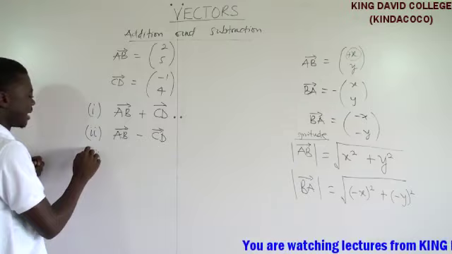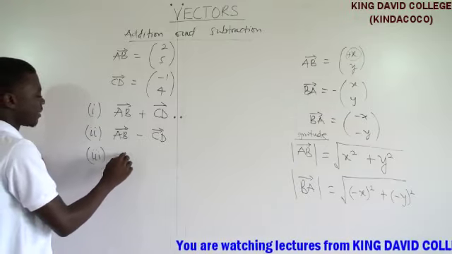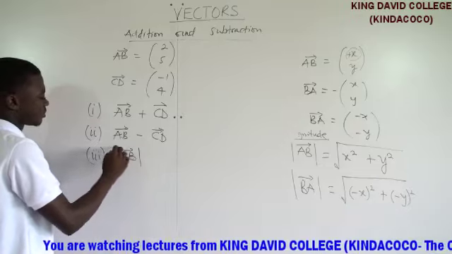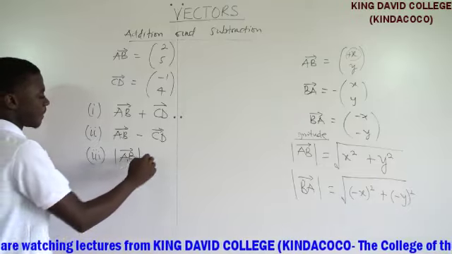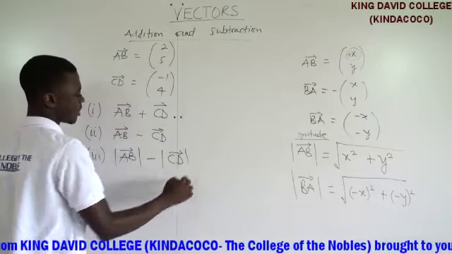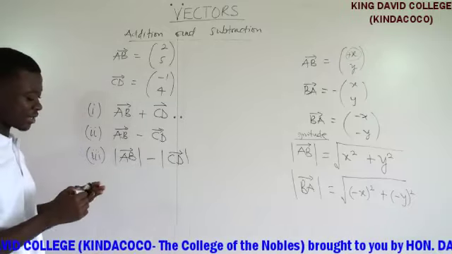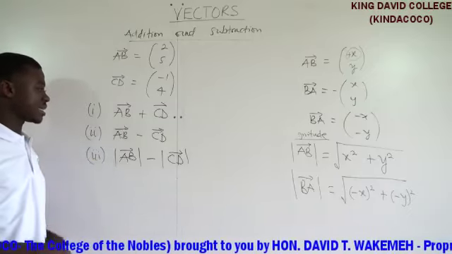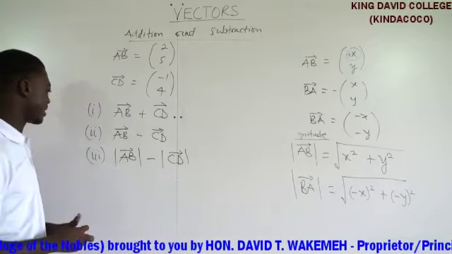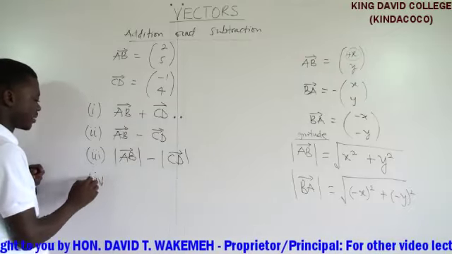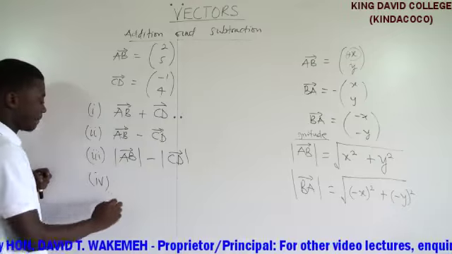And then find the magnitude of vector AB minus the magnitude of vector CD. So I'm putting everything together. We have these three scenarios.